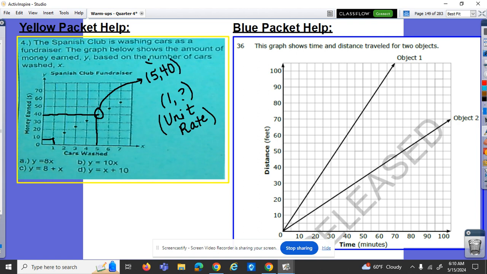We have X and Y. To find our unit rate, we're going to divide Y divided by X, or 40 divided by 5, which in this case would be 8. Okay, so $8 is how much we earn per car.